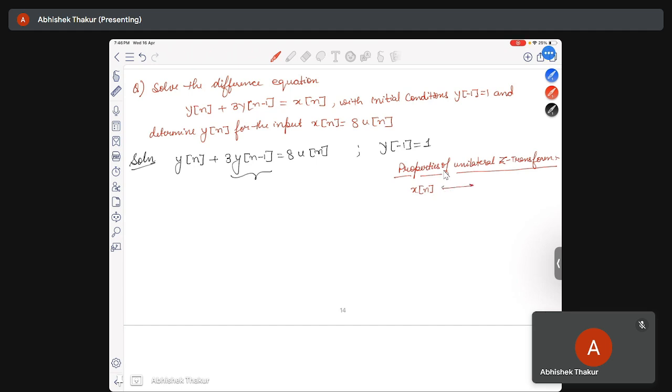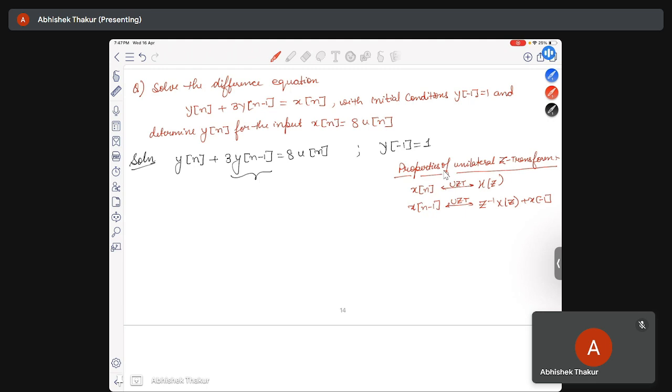If x(n) is given as X(z), then x(n minus 1) will have z inverse X(z) plus x(-1). Okay, so this is the property. Here we'll apply the same property.